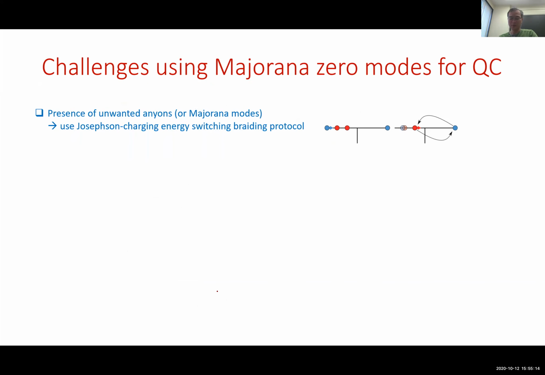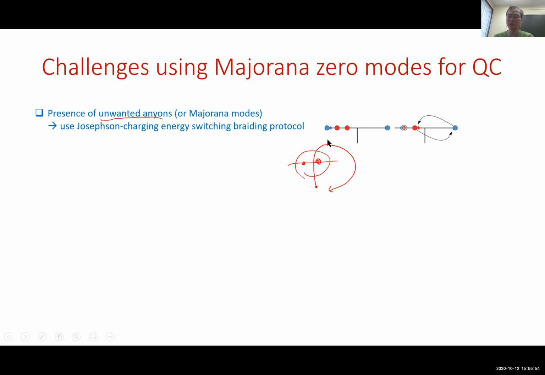Okay, so maybe let me mention some of the challenges of using these Majorana zero modes for quantum computation. We do the braiding to implement gates, and it's topologically protected. However, if you have anyons that you don't want, and you do some braiding accidentally through some unwanted anyon, that would induce an additional unwanted gate.